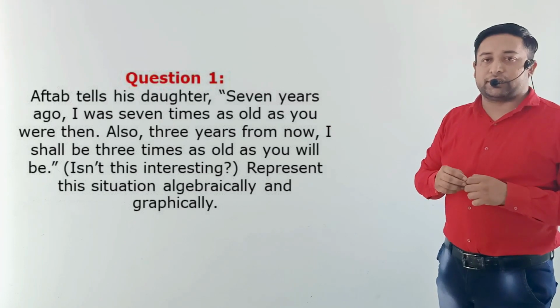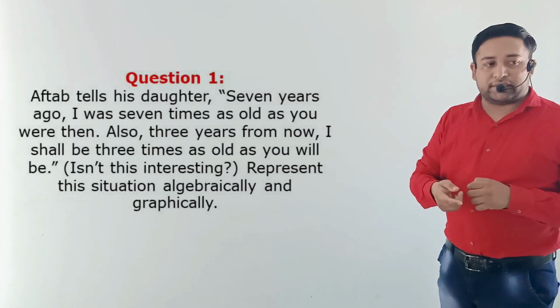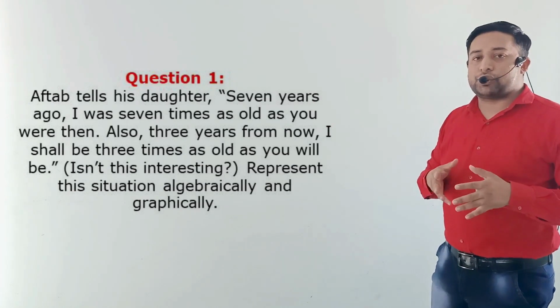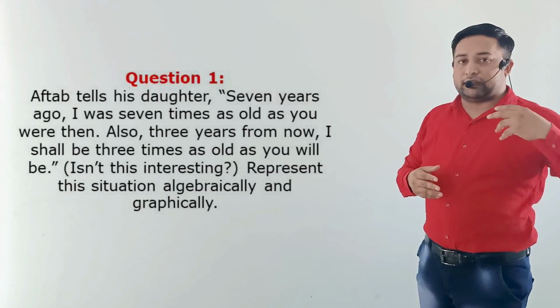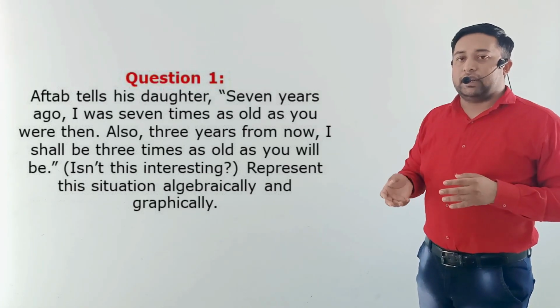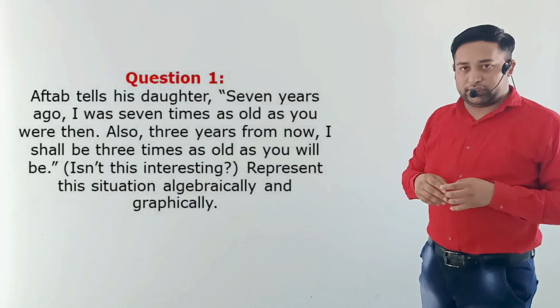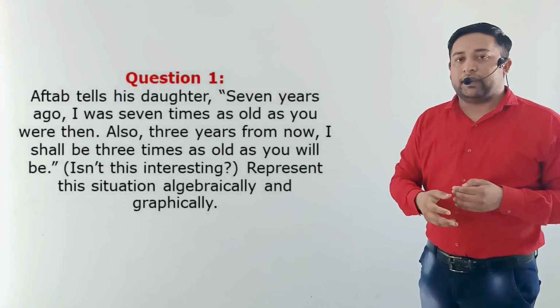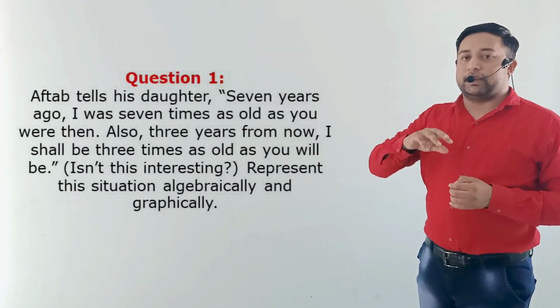Represent this situation algebraically and graphically. Algebraically means this is a portion of algebra. We need to convert this question into equations and then plot its graph. So you need to make equations and then draw their graph.